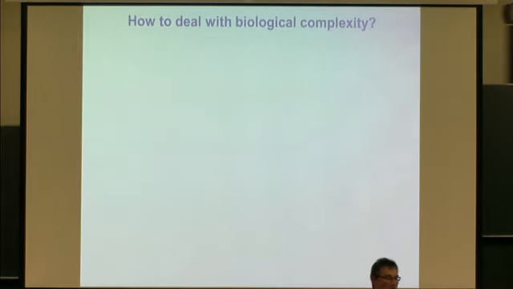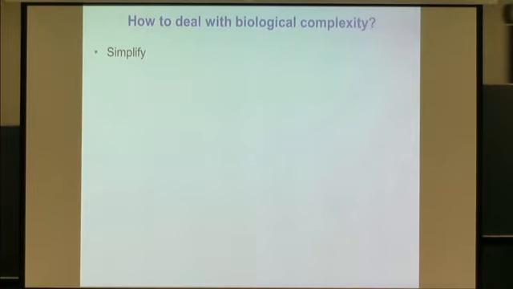Because the whole workshop here at the Newton Institute is about understanding microbial communities, and the complexity of these communities is maybe the major challenge for us, I thought I should have one slide about how you can deal with the complexity, and of course the answer is kind of obvious.